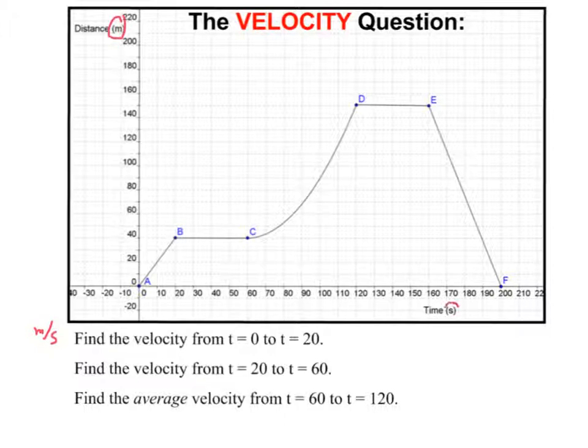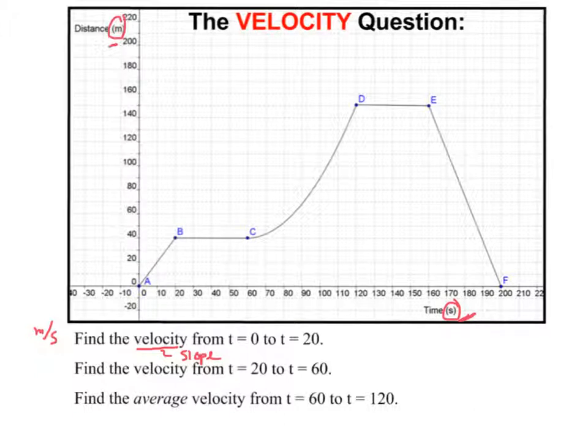We've got seconds on the x-axis. So if you're thinking about how much of a change in the y-axis there was in relation to the x-axis, meters per second is really change in y over change in x. Velocity here we're going to get by finding the slope. Okay? And again, that's all from units.